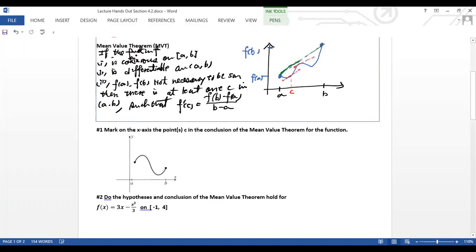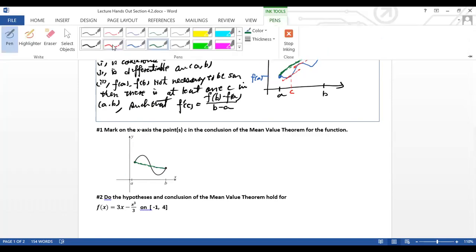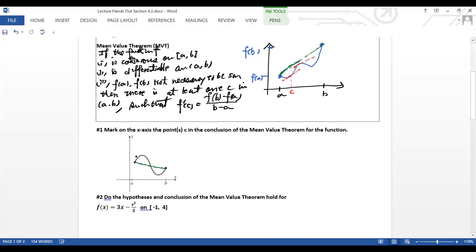Okay, so now let's start with the basic, very easy one. Number one, they say, hey, mark the x-axis to see the mean value theorem for the function. So we know the mean value theorem: if you connect these 2 points, you will get a line. See here, this is my green line. So it will tell you that you can find in this curve some tangent line parallel to this green line. That means they have the same slope, right?